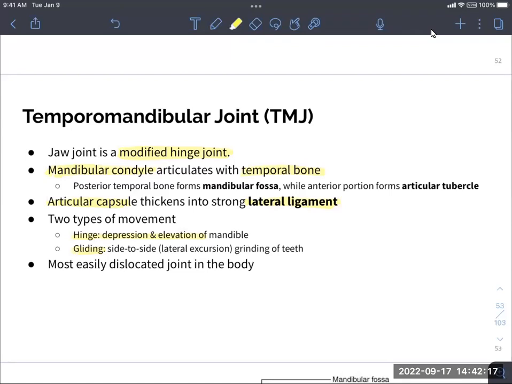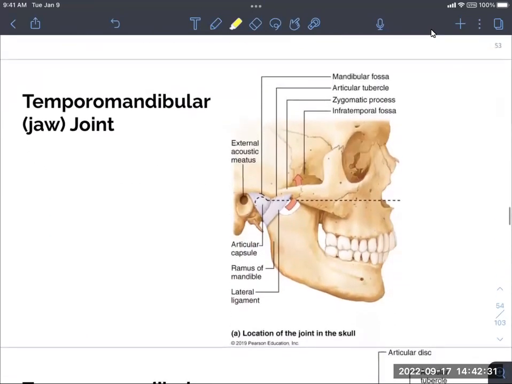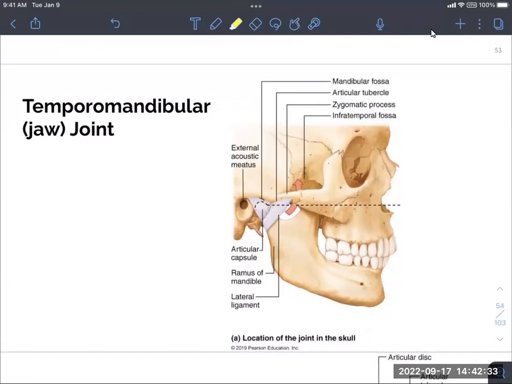The temporomandibular joint is technically the easiest to dislocate in the body. Not a good thing, but as long as you're careful with it, it's fine. So here is that temporomandibular joint. You see this articular capsule through here with the ligaments helping to hold this joint in place.